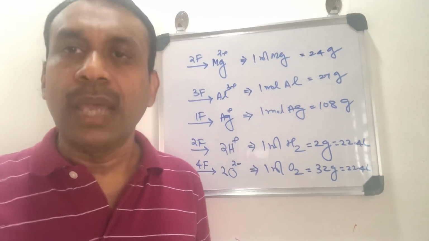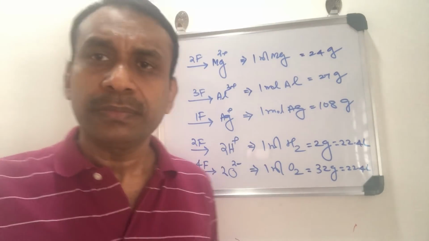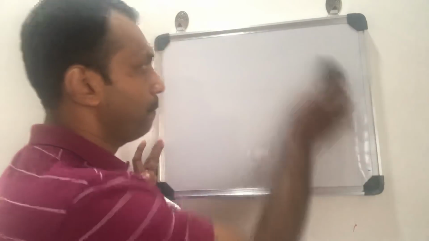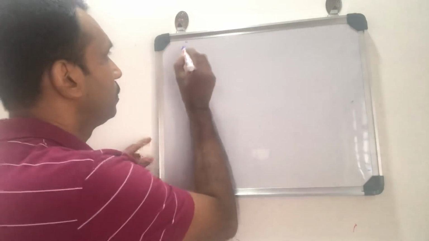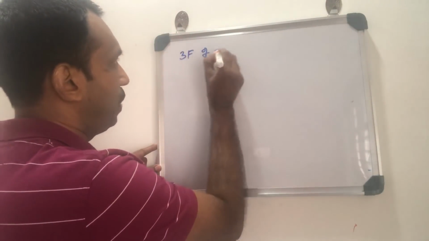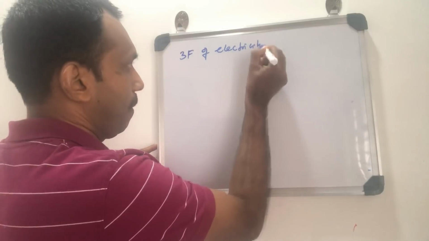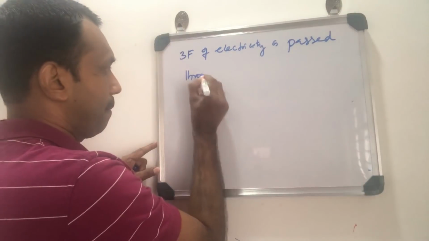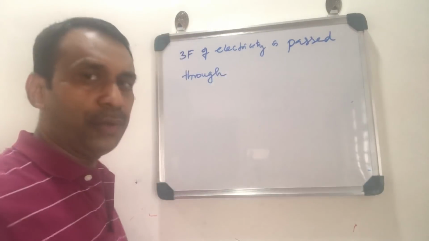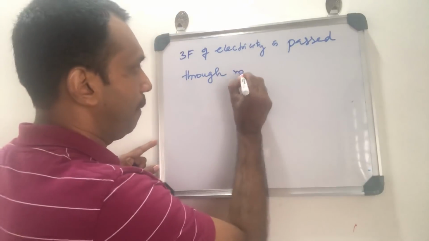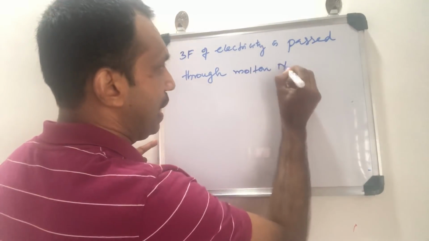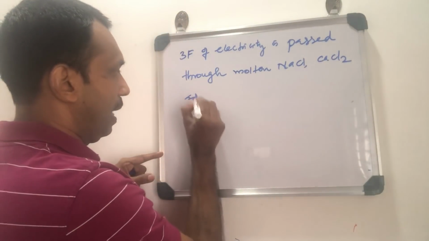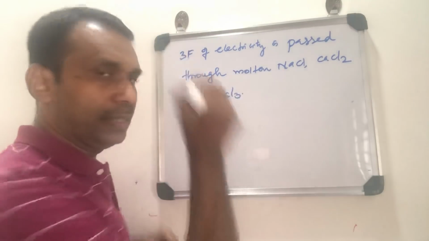Clear? Now, I will give you one simple problem based on this concept. Here is the problem. 3 Faraday of electricity is passed through molten NaCl, CaCl2 and AlCl3.